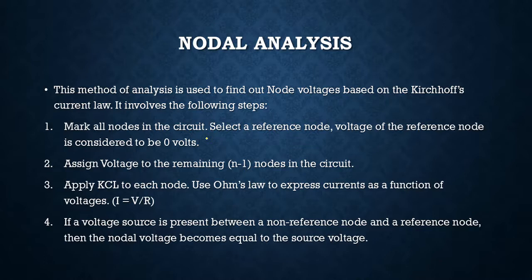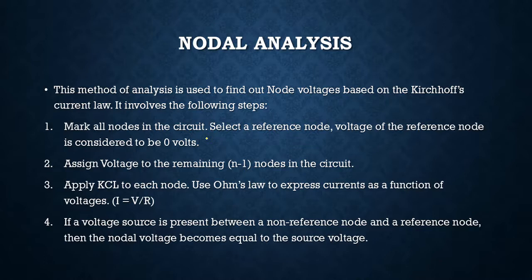Why do you need to select a reference node? Because we all know that voltage is always measured across an element. That means you need to have a reference point for the voltage, right? Because voltage basically is the difference between two points. For that you need to have a reference. That is why we need to select a reference node, and we usually assign a voltage of 0 volts to that reference node.